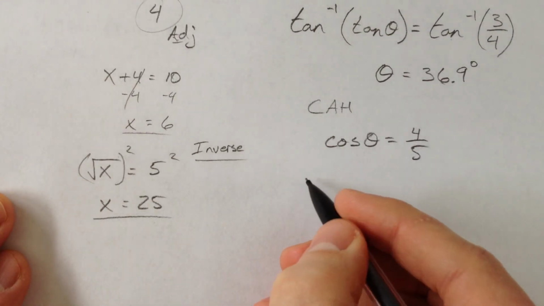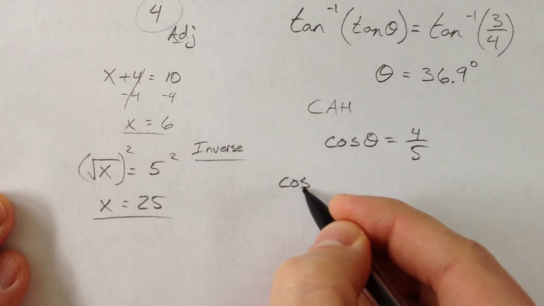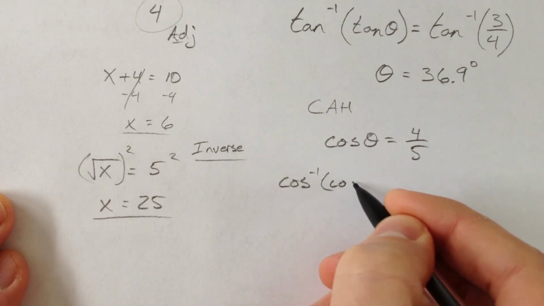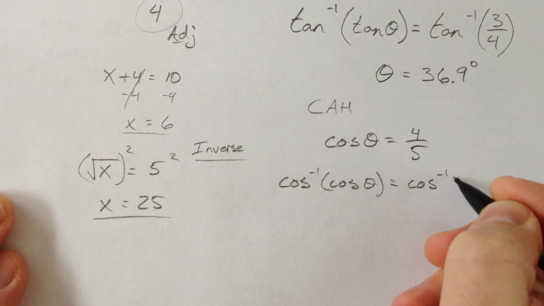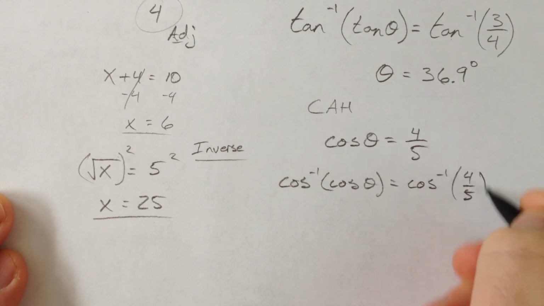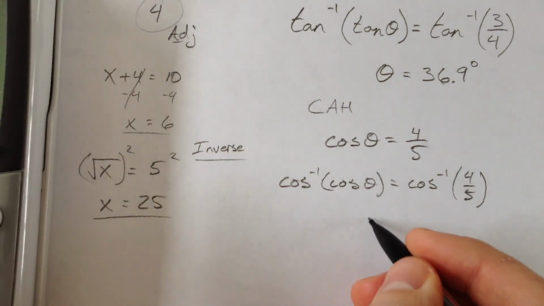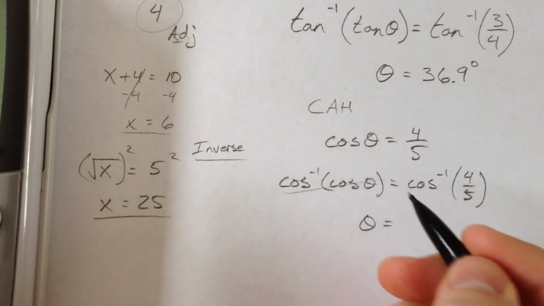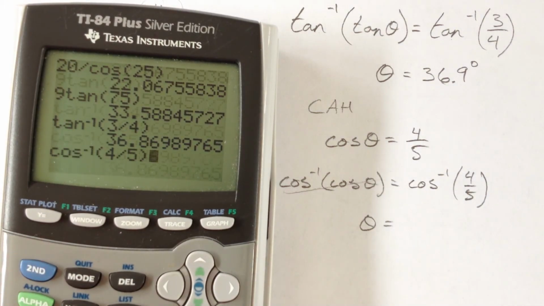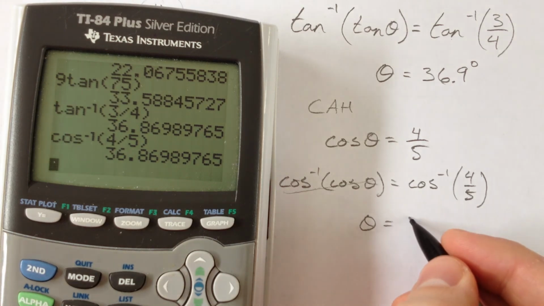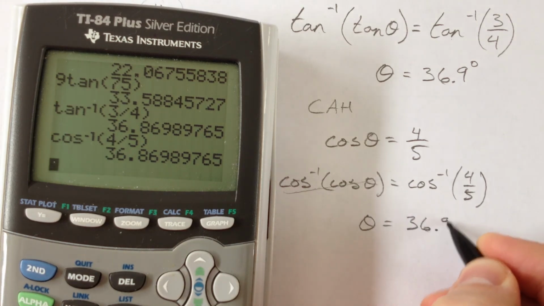And so then you would do inverse cosine of the cosine and inverse cosine of the right-hand side. And that cancels out on the left, and you just get the theta. And then you do inverse cosine of 4 over 5, and you're left with 36.9 degrees.